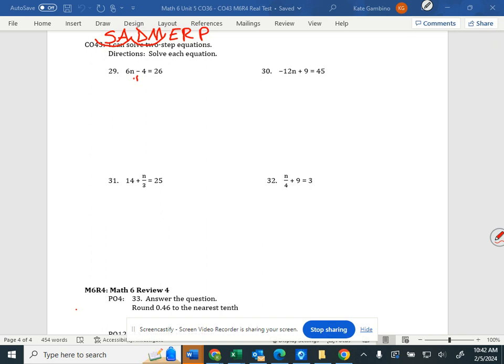This is minus 4. So I'm going to add 4 to both sides. Minus 4 plus 4 zeros out. And I have 6n. 26 plus 4 is 30. Now I have multiplying by 6, so I want to divide by 6. 6 divided by 6 is a 1. 30 divided by 6 is 5.